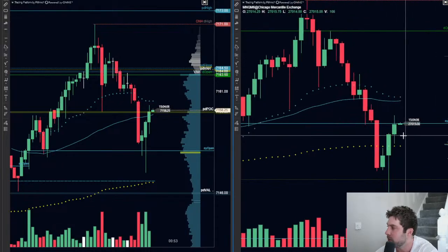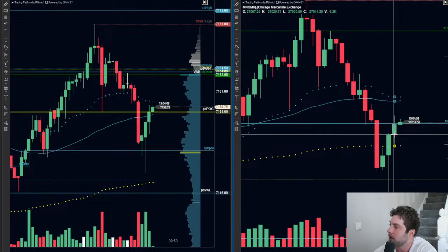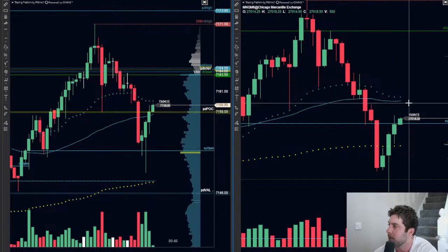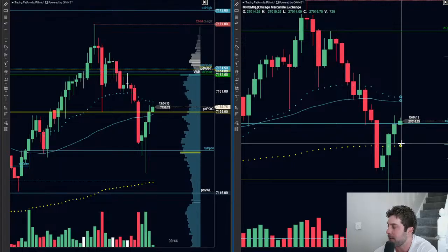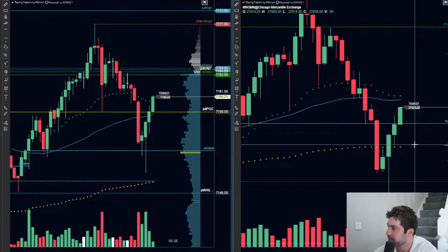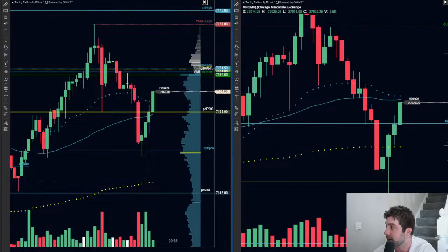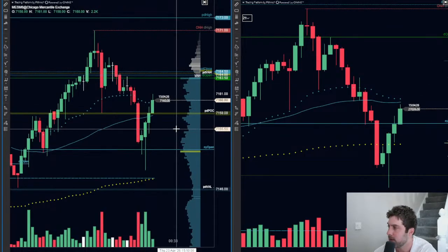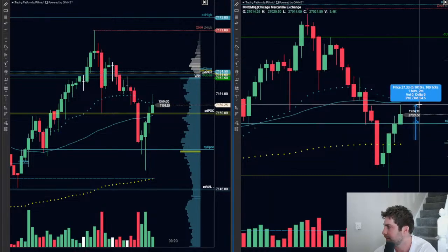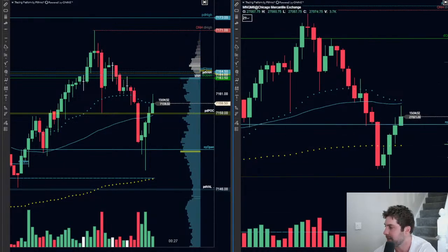You can see we close the 1 minute above, we open the consecutive 1, and then we get the wick into it to backtest it, and then we push. So that's why I have my limit order set, which is basically just an automatic order, and I front run it there by about 1 tick. But that was the trade anyway, if I'd taken it. Should have taken it, but oh well.